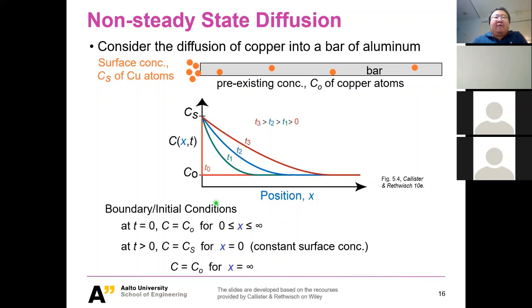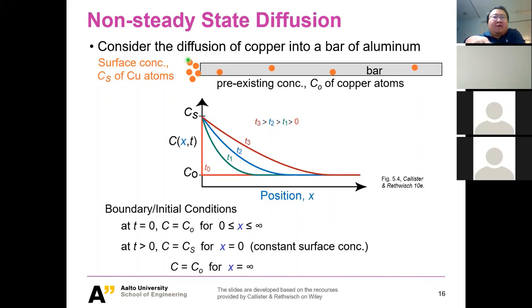So here I'm giving you again an ideal case. It's not as ideal as the steady state case, but it's more or less like that. So basically we have two assumptions. The first assumption is we have a surface concentration that is constant.